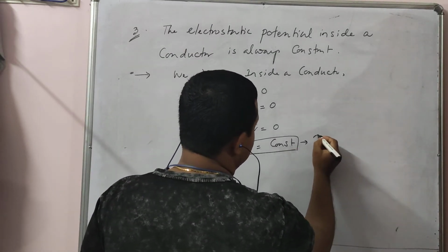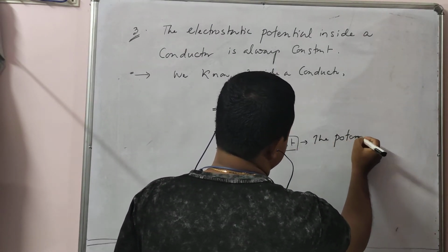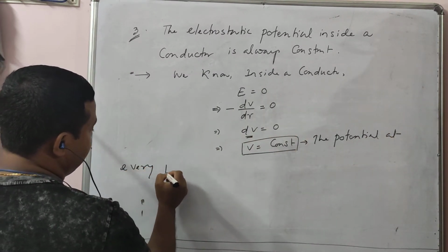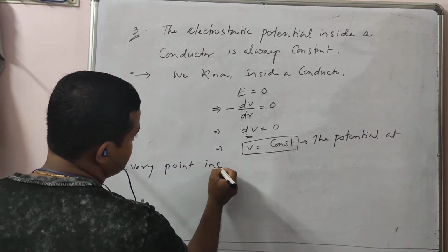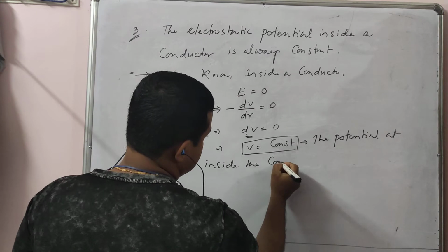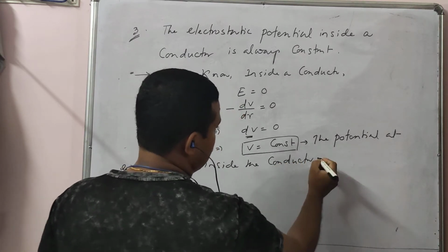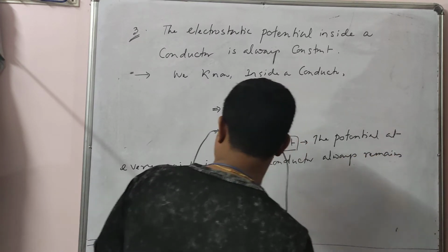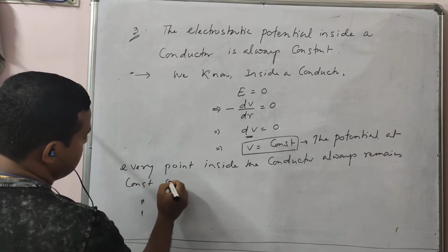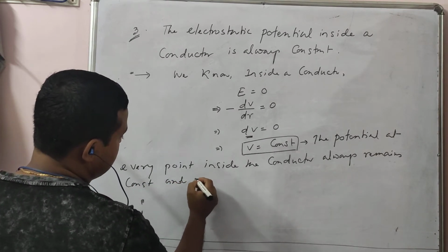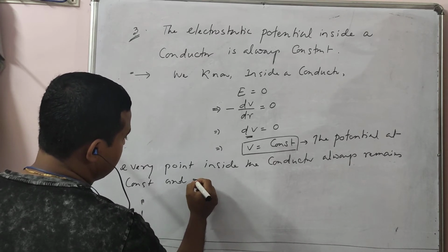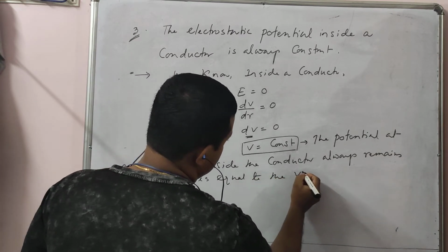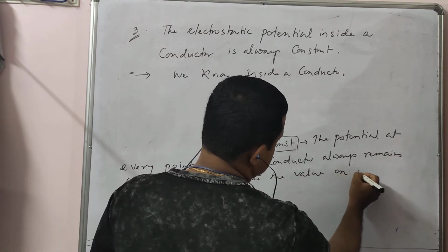You can say that the potential at every point inside the conductor always remains constant and is equal to the value on its surface.